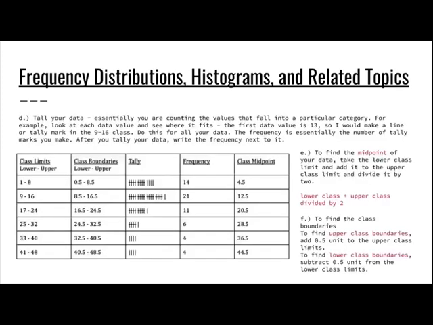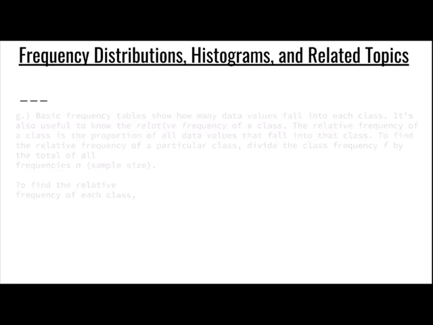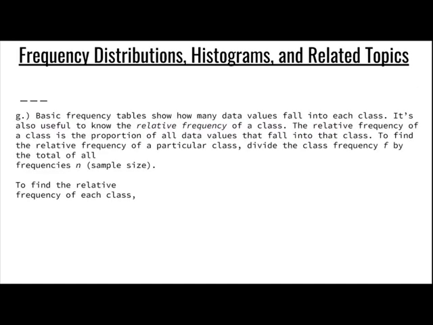And then remember to find our class boundaries, we subtract 0.5 from the lower one, so 1 minus 0.5 is 0.5, and add 0.5 to the higher. So 8 plus 0.5 is 8.5. And notice how this applies to each row.